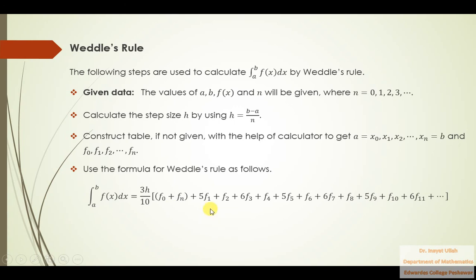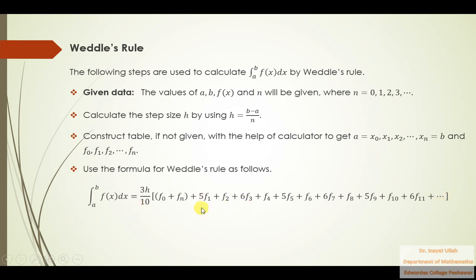Then there are function values f1, f2, f3, f4 in the same sequence, 5, 6, 7 and so on. So what are those multiples? Those multiples are 5, 1, 6, 1, and again 5, 1, 6, 1, and so on.